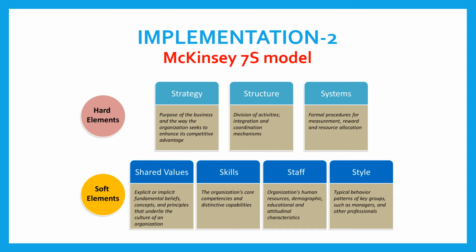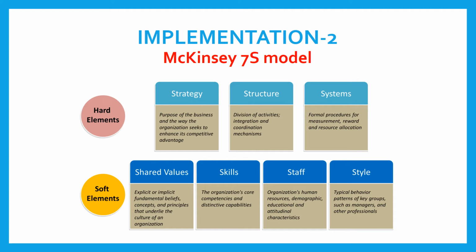The hard elements are relatively difficult to control, and the soft elements are relatively easy to control or moderate. You can easily understand their meanings: strategy, structure, systems, shared values, skills, staff, style. You can pause this and read the things which are mentioned over here.